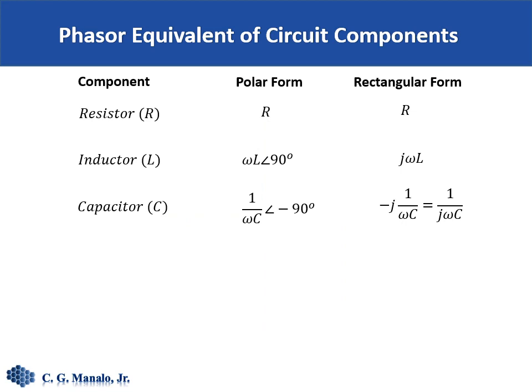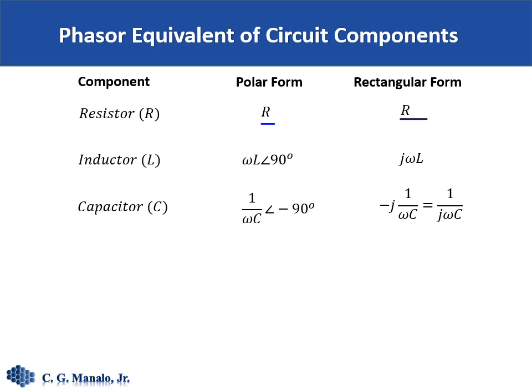In order to solve AC circuits in frequency domain, we need to transform all the components into their phasor equivalent. We already did that for resistance and inductance. So we said that the resistance is still the same between time domain and frequency domain.